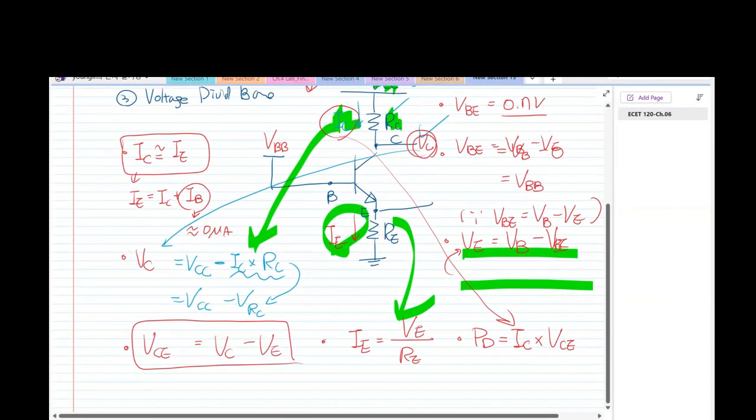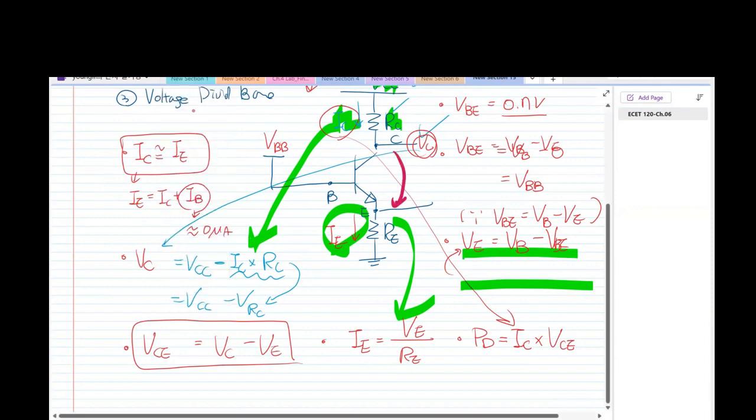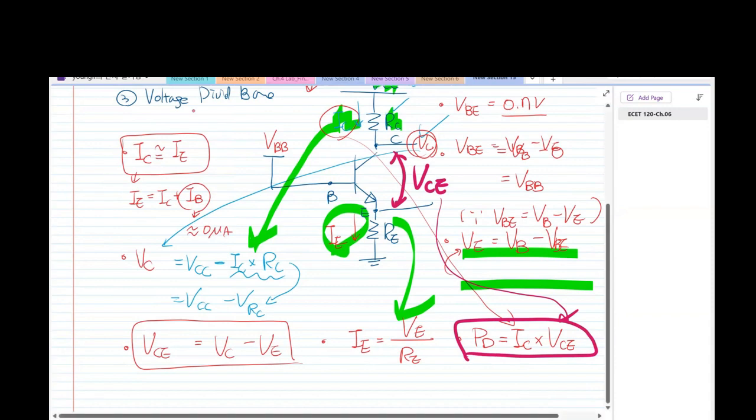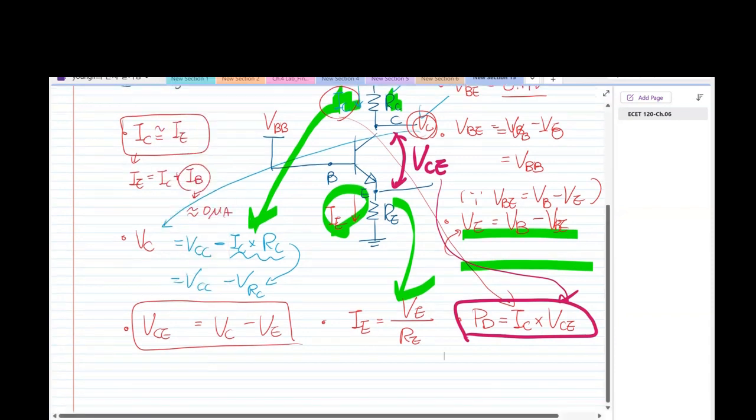What is V sub CE? Just like this one here. This is the V sub CE. So the power dissipation is equal to I sub C multiplied by V sub CE.